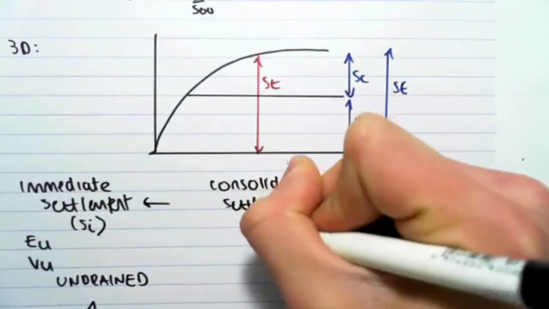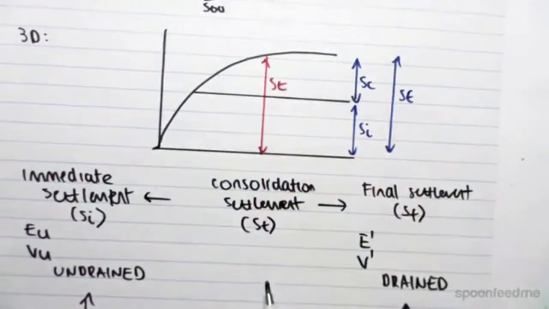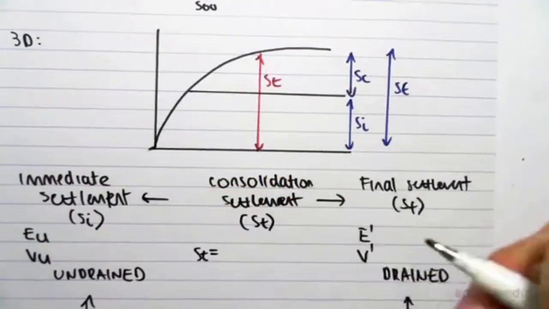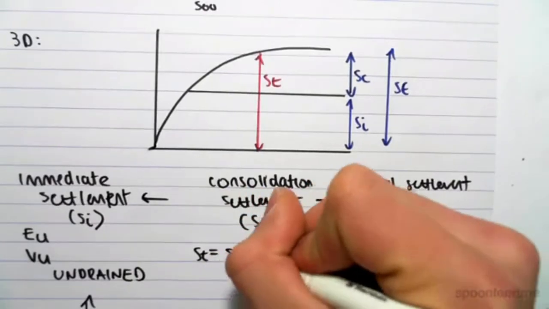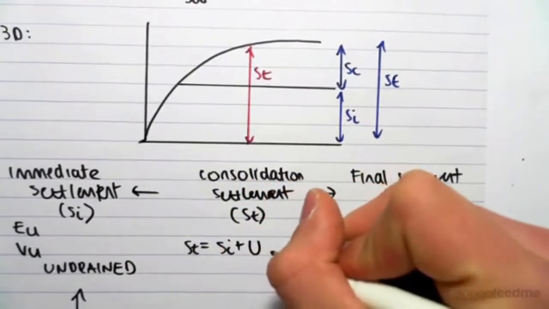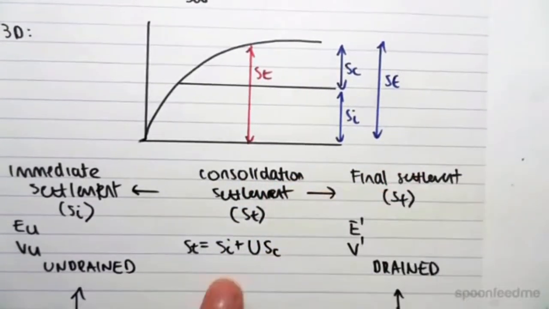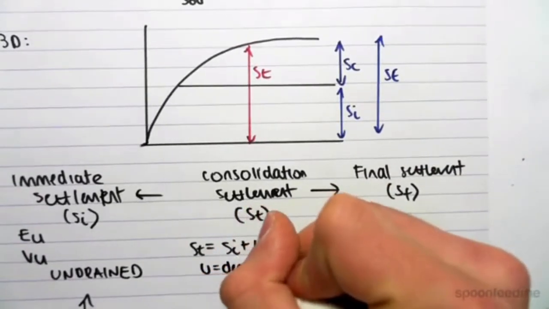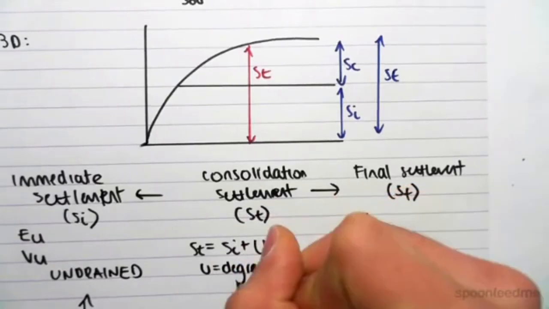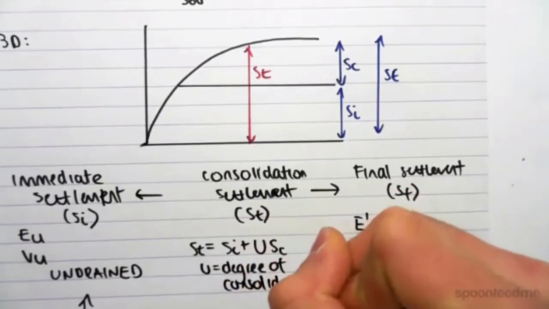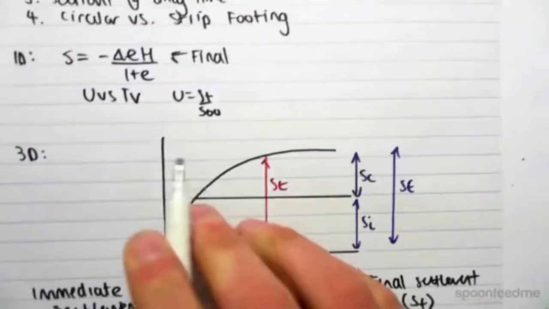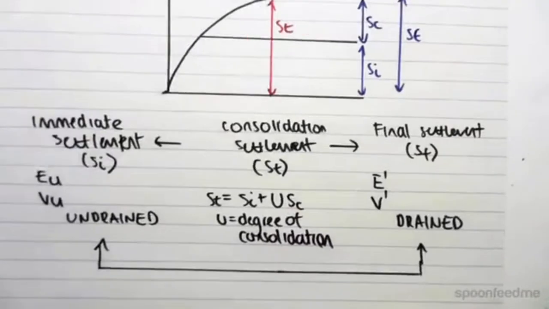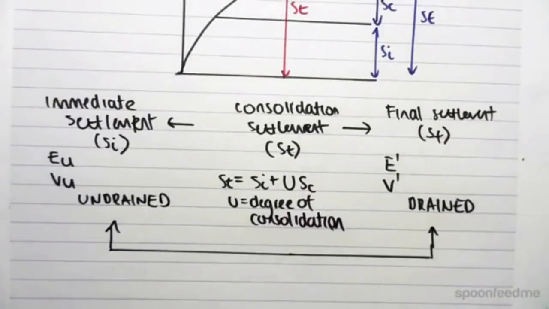Which we will call S at time t, so S at some time t. S at t will equal the initial settlement plus U S subscript C, where U is the degree of consolidation. So U equals degree of consolidation. So it's not the degree of settlement like we saw in the 1D case, that U, it's the degree of consolidation.